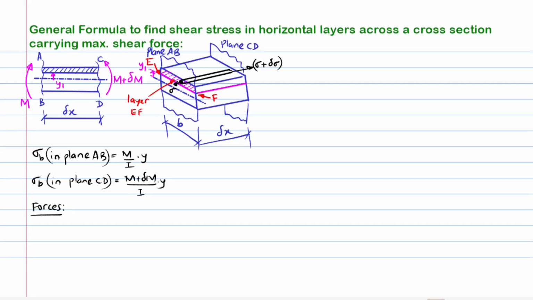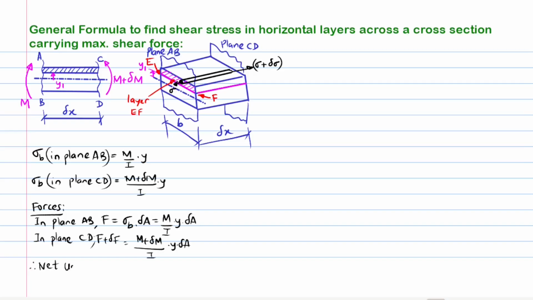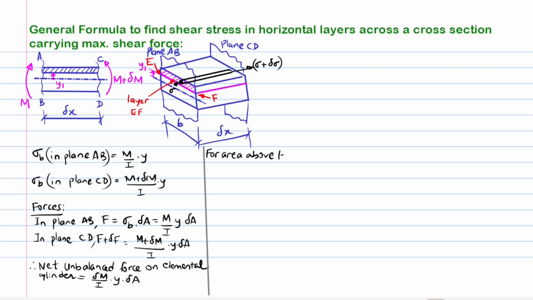The normal force for the elemental cylinder at plane AB is given by the bending stress times the differential area del A, which is M over I times y times del A. Similarly, for plane CD, the value changes to M plus del M over I times y times del A. Hence, the net unbalanced normal force on the elemental cylinder is found to be del M over I times y times del A. For the complete area above the layer EF and between sections AB and CD, total unbalanced force equals area integral of dM over I times y times dA.